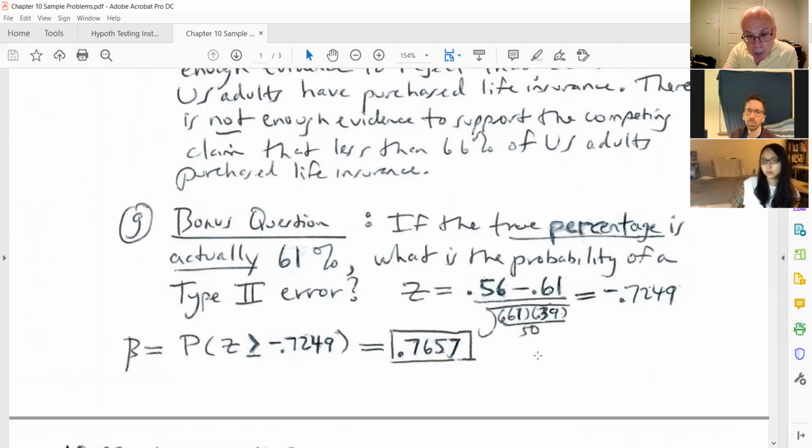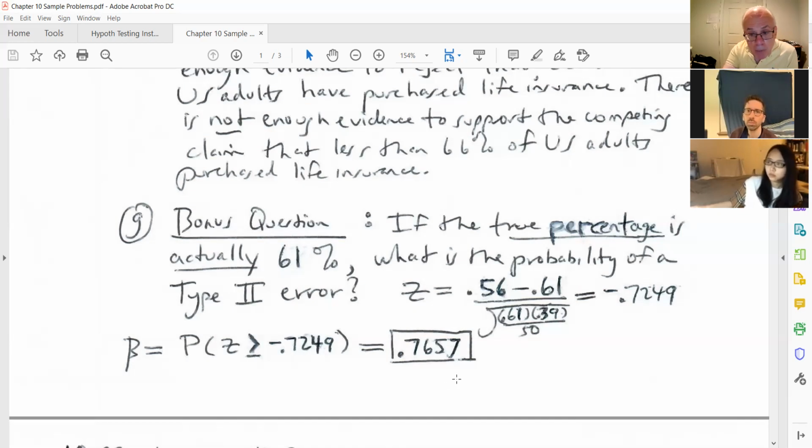All right, it's high, right? It's large. But it makes sense it would be large, right? Why is it so large? It's because 0.61 is closer to 0.56 than 0.66 was. 0.56 is closer to 0.61 than to 0.66. So we expect pretty large type 2 error.